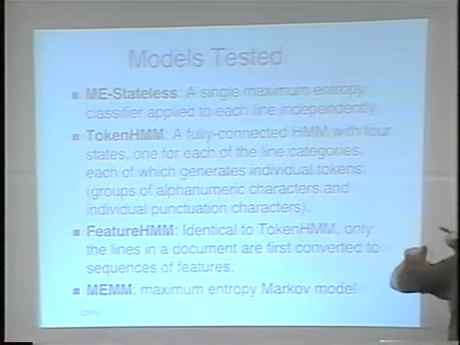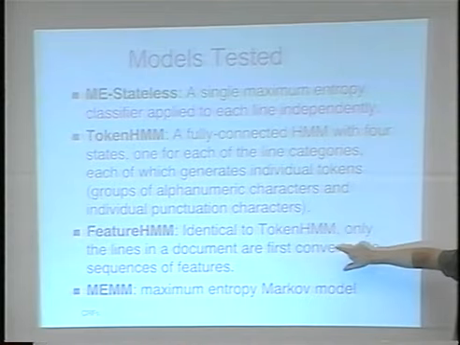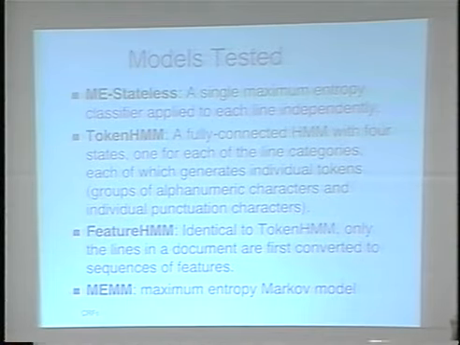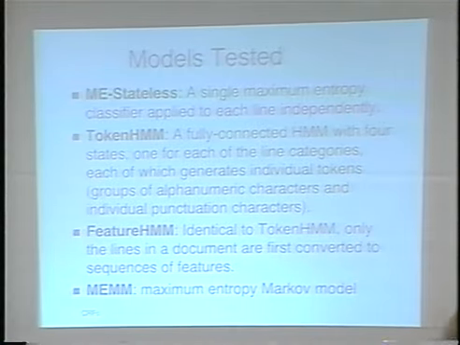The third one is that picture I gave you before. Remember the naive Bayes at each position? It's called feature HMM. So basically, at each state, I generate all the features independently. And finally, there is this thing that I've been describing, which we call the maximum entropy Markov model.